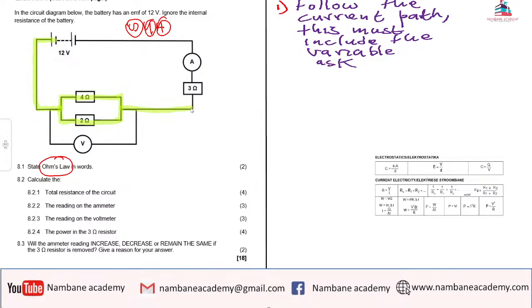Why? Because this section of parallel plus the section of series must give me the total resistance of the circuit, because we are told to ignore the internal resistance of the battery. So this is a way of me trying to say where I am in the circuit.